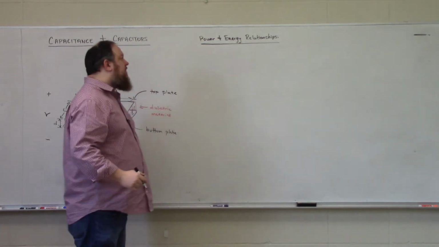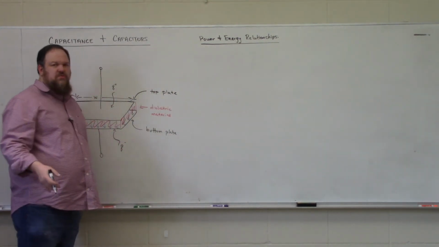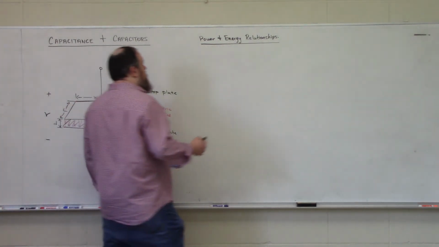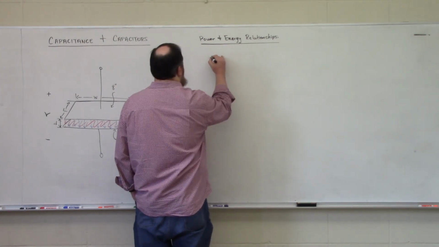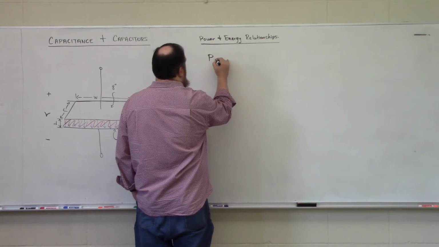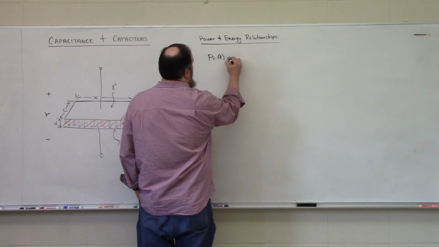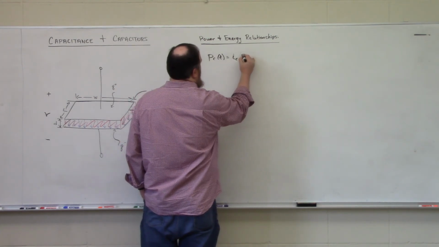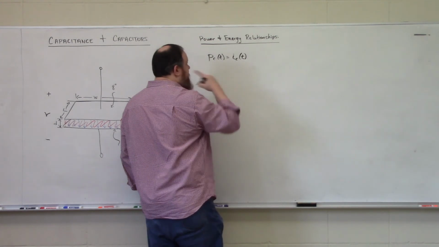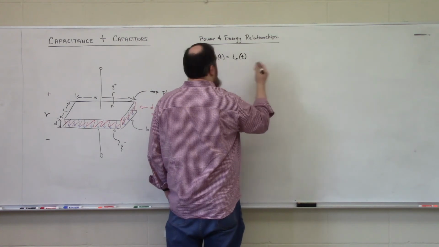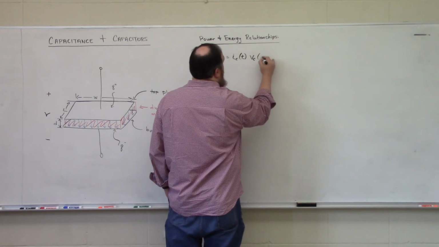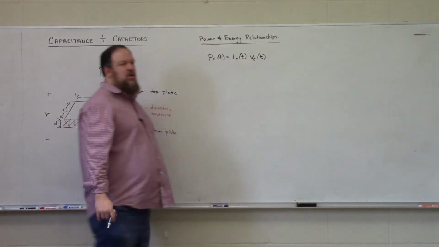So fundamentally, the power absorbed by any electrical component, whether it's a capacitor or anything else, is simply the product of the current that flows through the device or component and the voltage drop that appears over the device.